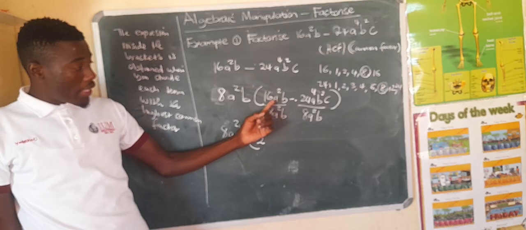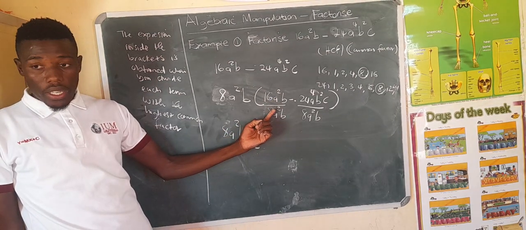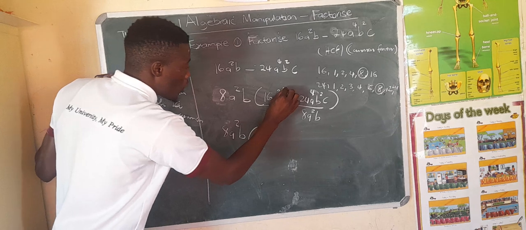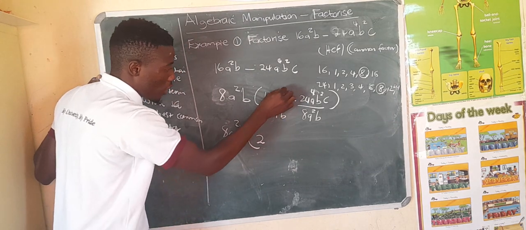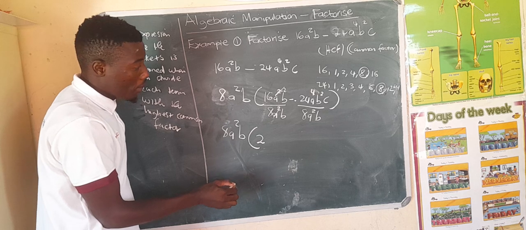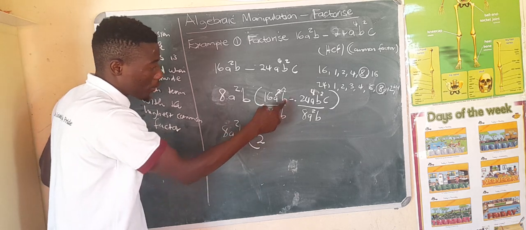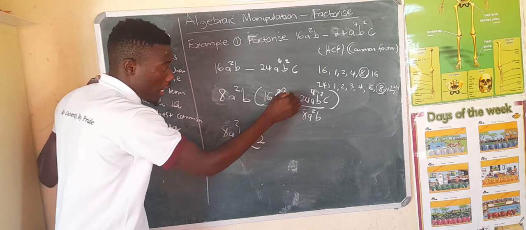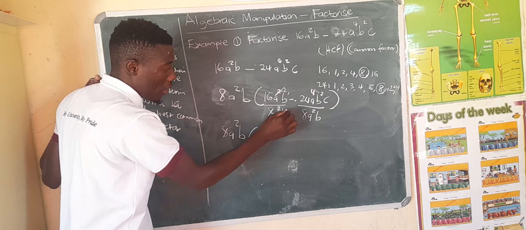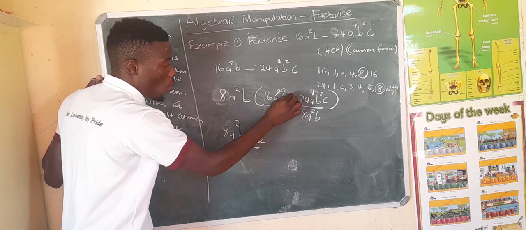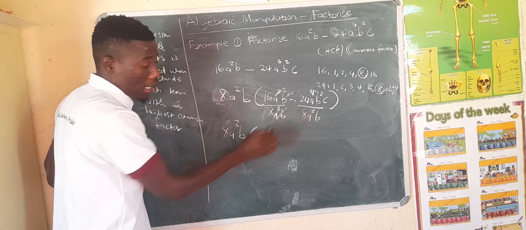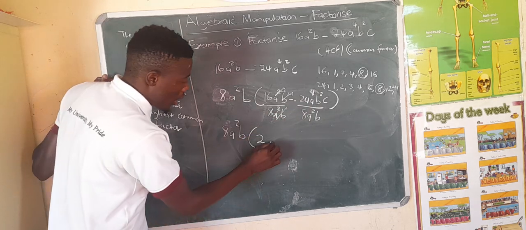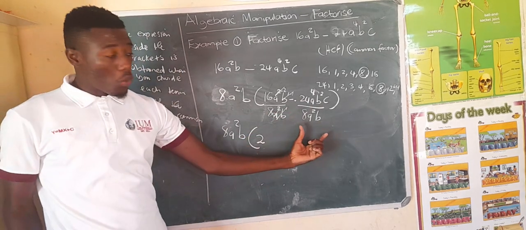Then a squared divided by a squared, we subtract 2 minus 2, so this one cancels. And then we have b divided by b. Remember, this one is raised to the power 1, this is also raised to the power 1. So 1 minus 1, this one also cancels. Are we okay?